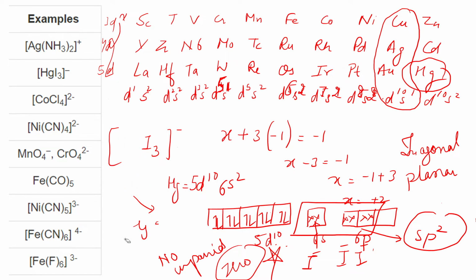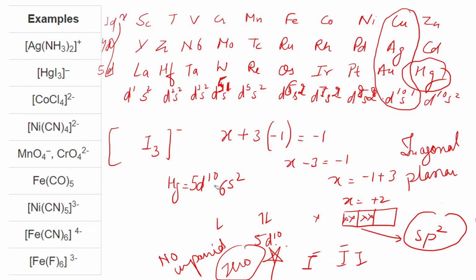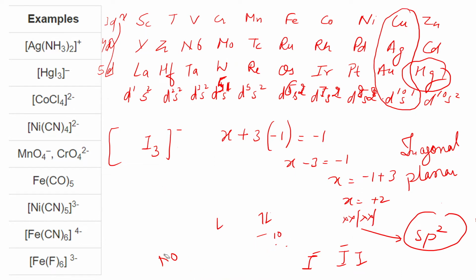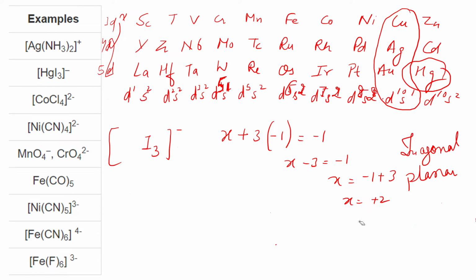But see the electronic configuration for the next metal. We have cobalt tetrachloride, 2 minus, a coordination complex with a 2 minus charge. Find out the oxidation state.